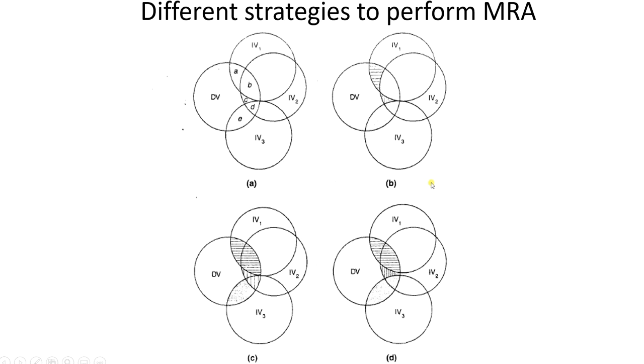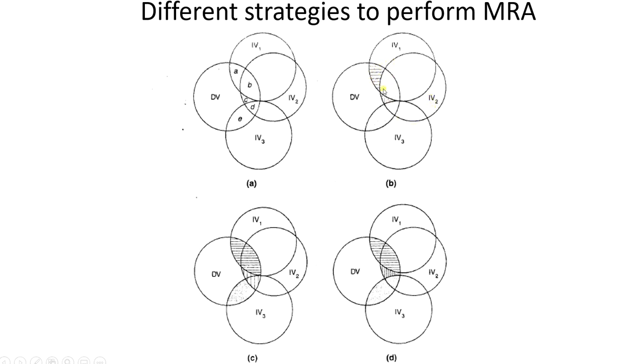In the simultaneous entry method, or the direct method, or the standard method, when we enter one variable, we remove the contribution of the other predictor variables from this IV. So if IV1 is entered, this is the contribution of IV2 in IV1. This has been removed, and only this variance has been attributed to the IV.